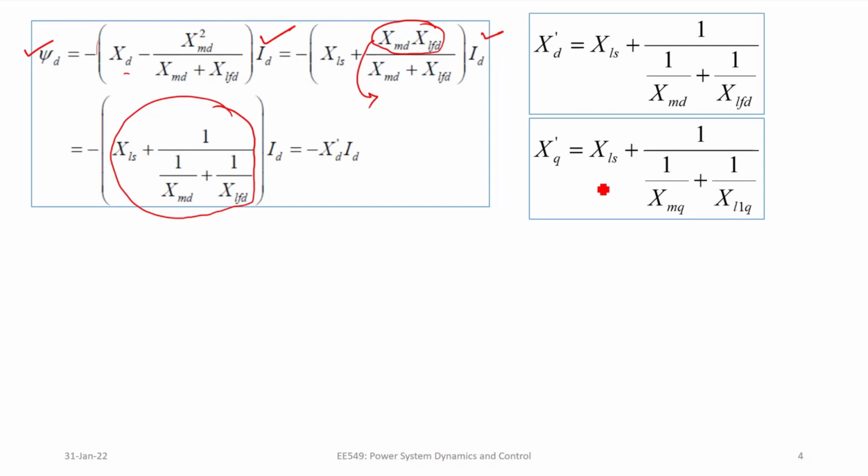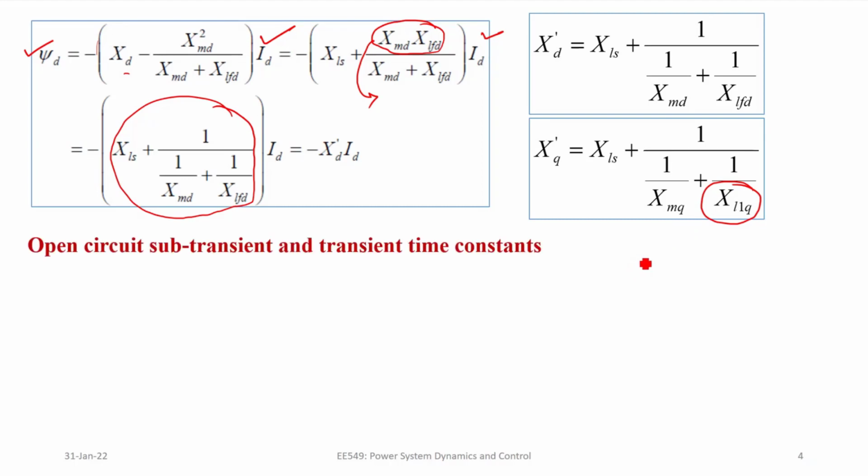So xq dash I can derive in the same way. I can write xls plus 1 by 1 upon xmq plus 1 upon xl1q. So only the 1q term will be considered, right? So I1q is considered not equal to 0, and I2q we will assume as 0 under transient condition.